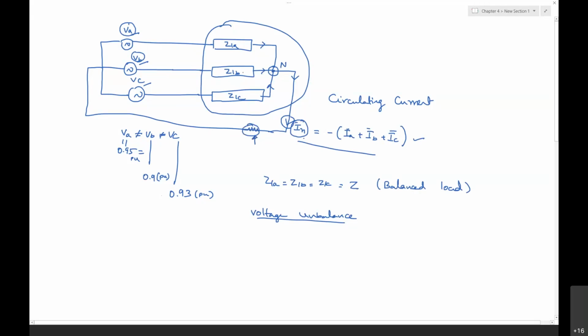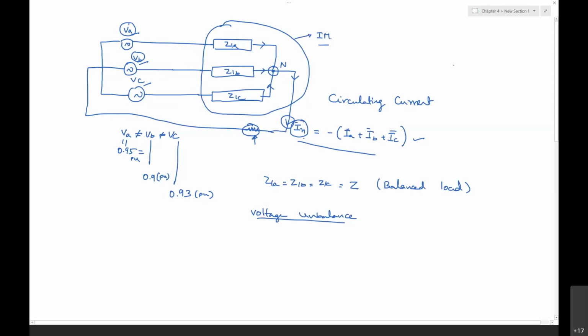Suppose in this case you connect an induction motor, and we have the unbalanced voltages VA, VB and VC. What is going to be affected?